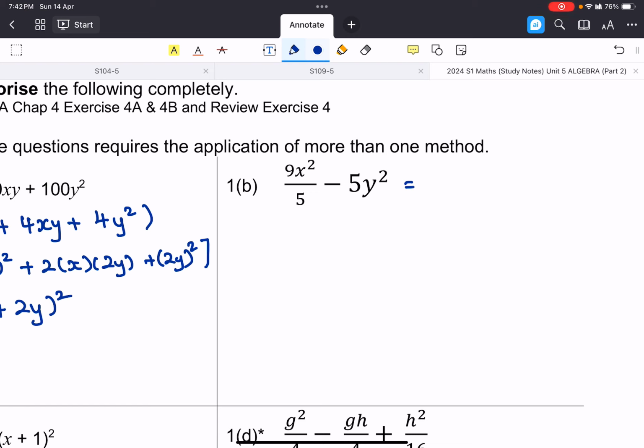Either case, maybe I were to take out the... Oh, no, it works. We take out the common factor, we can actually take out 1/5. If we take out 1/5, it still works. Take out 1/5, we have 9x squared, and then we actually have 25y squared over here. See, beautiful, I like this question.